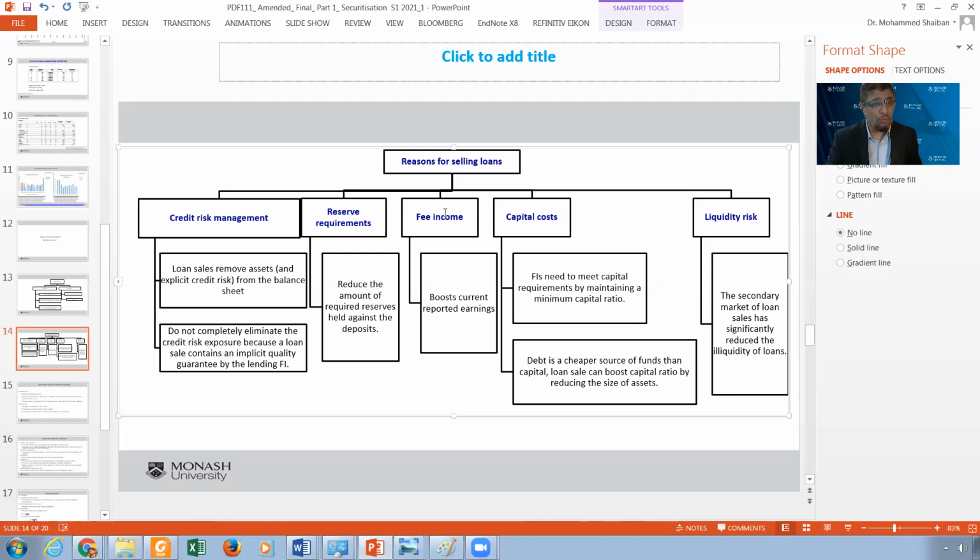So what is the use for the bank? They make loans of 500 million, give it to the customer, and receive it maybe in the same week from the buyer.